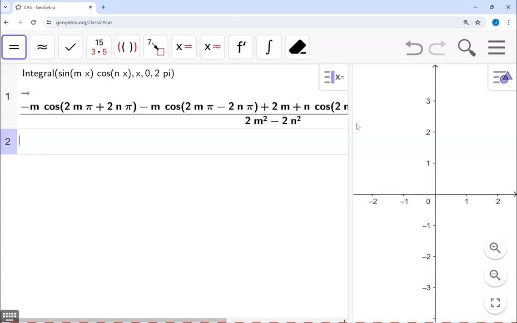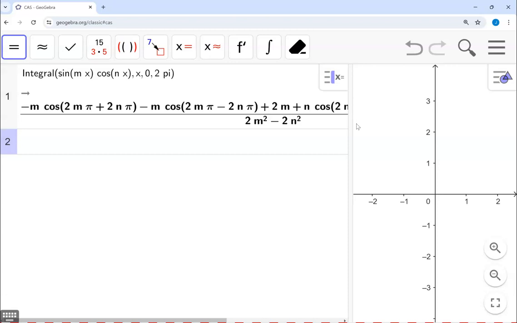This part here, multiple of 2 pi minus multiple of 2 pi is still a multiple of 2 pi, so cosine of that again is going to be 1, right? So we're going to get another minus m, correct? What do you notice in the next term? Plus 2m. So those are going to go away. It's good, right? We want everything to be 0 by the time we're done here, correct?